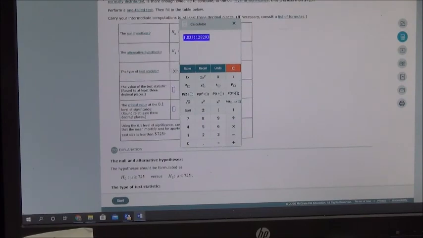So on the next one here, we are going to do one where we have the statistics. It says, the average local cell phone call length was reported to be 2.27 minutes. A random sample of 20 phone calls showed an average of 2.98 minutes in length with a standard deviation of 0.98 minutes.